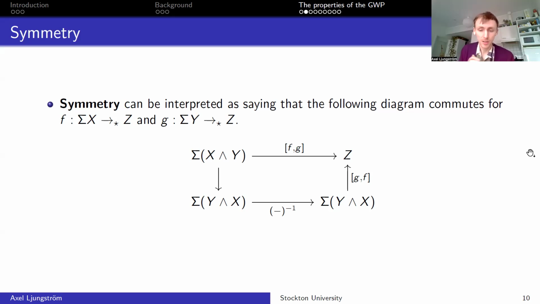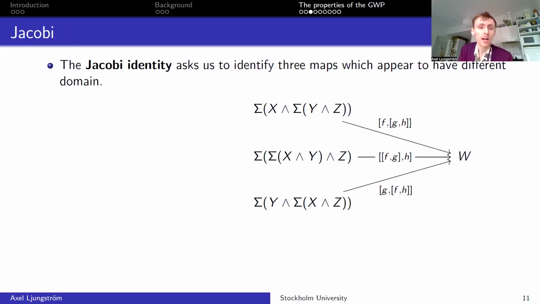So that's the version of symmetry that we want to prove for the generalized Whitehead product. And the Jacobi identity is a bit annoying because it asks us to identify now 3 maps which all have different domains. So we want to sort of identify this guy, and this guy in a suitable way.